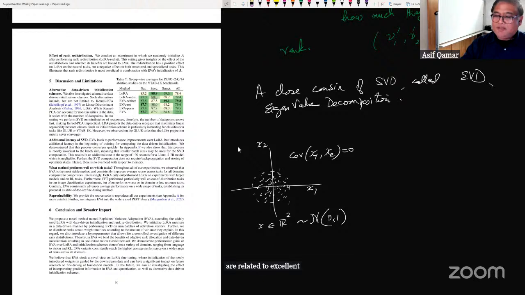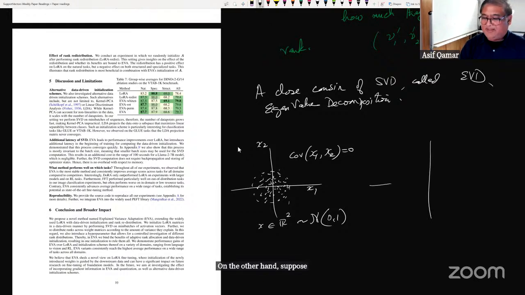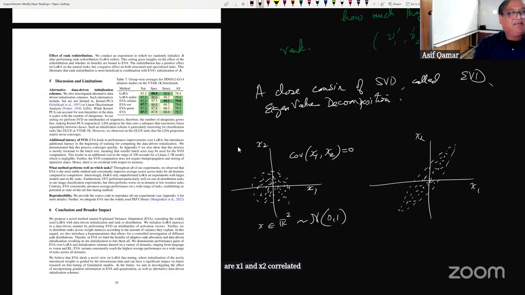Right? On the other hand, suppose I give you data like this. The same data, the same number of points, like this. Now, are X1 and X2 correlated? Certainly.